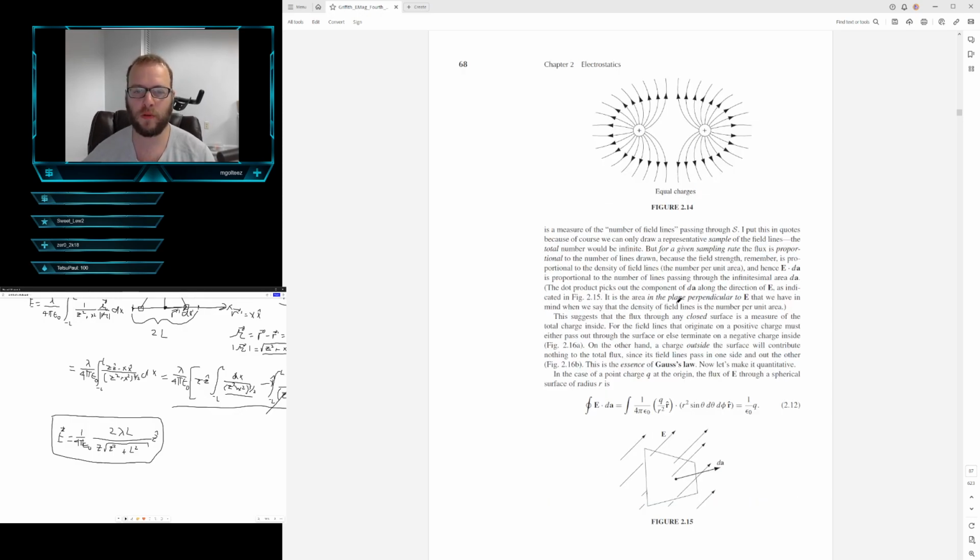So it'll give you an idea, when you enclose a surface, of how much charge is in that surface, which is very useful. So if we know a charge distribution, we can figure out the field by drawing an enclosing surface. We don't have to do Coulomb's law.